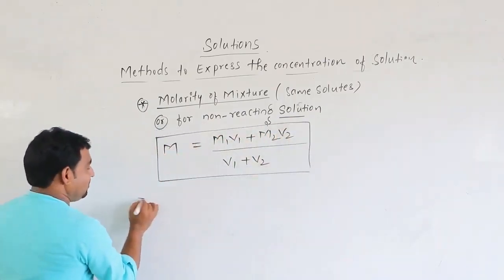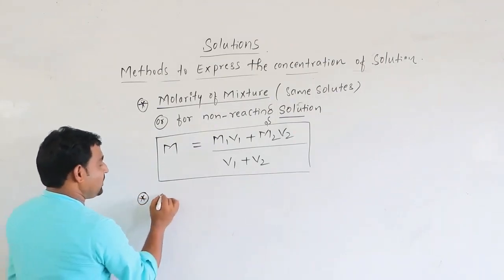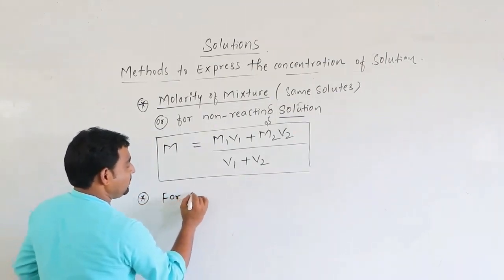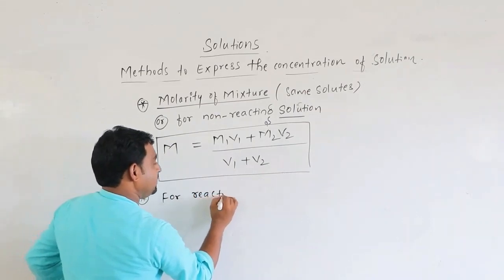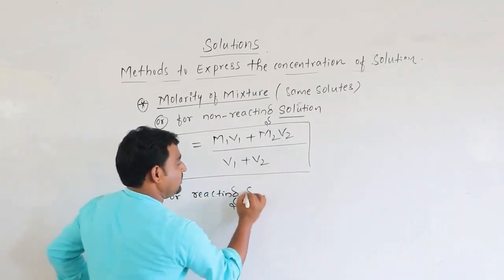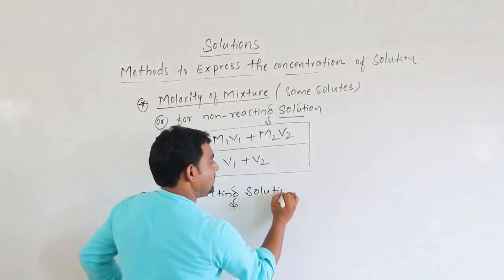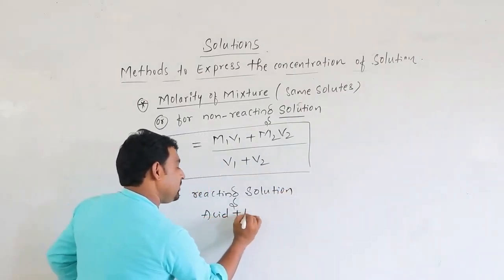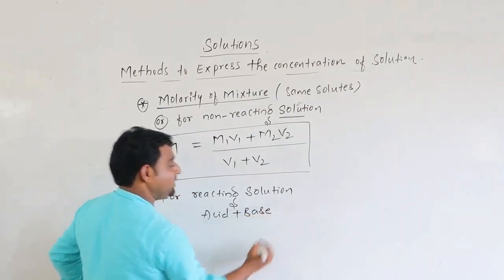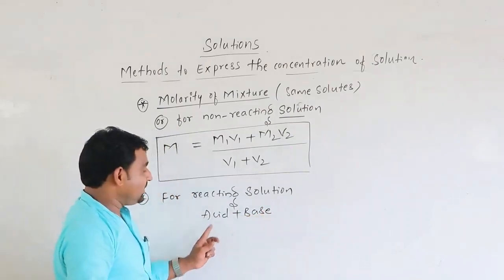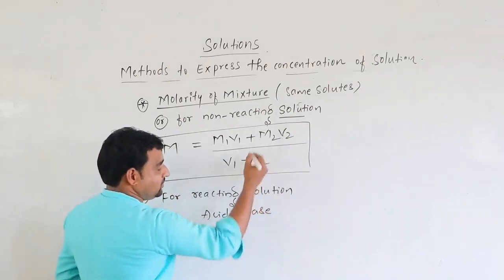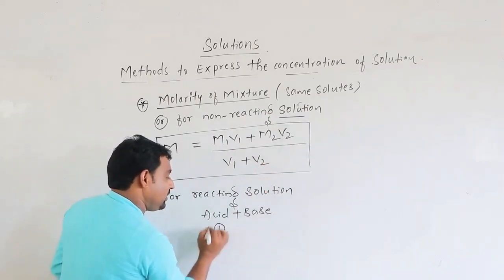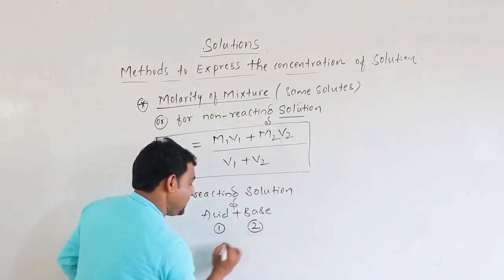So one more is molarity of a mixture for reacting species, for reacting solutions. Say if acid is added to the base, obviously these will react with each other. In such cases, if you want to calculate the molarity, you can use one more formula. This is acid and this is base.